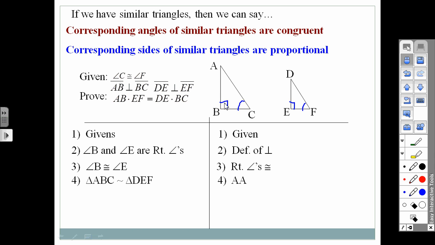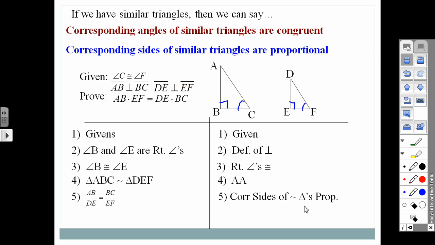AB is right here. That's going to match up with DE. Well, there's AB and there's DE. Awesome. So what are the other 2 sides that we're using? EF and BC. Well, here's BC and there's EF. So we just got to make sure that we write this in the right way. So I'm going to say AB is to DE as BC is to EF.